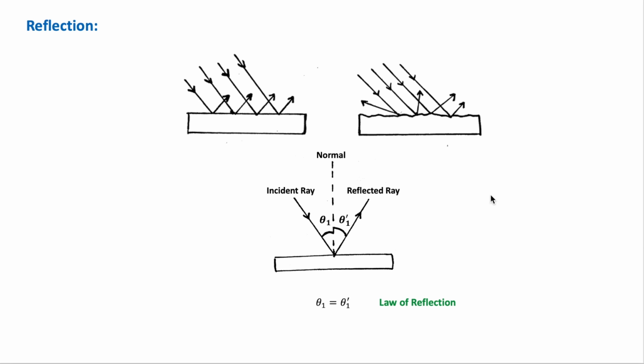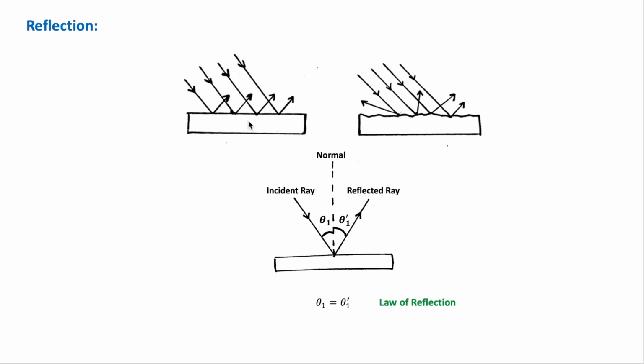But if the reflecting surface is rough, then the rays are reflected in different directions, and this is known as diffuse reflection, okay? A note here that a surface is considered smooth if the surface variations are small compared to the wavelength of the incident light, okay?